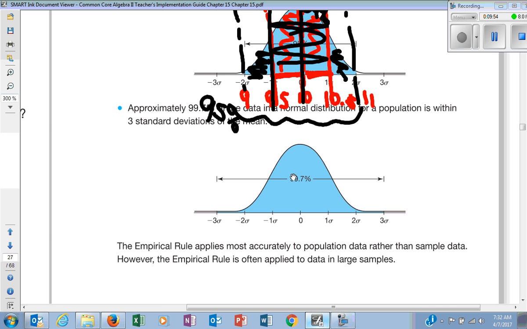How much will those crazy, way, way far outliers account for? 0.3%. We're talking very few that are really crazy outliers. 99.7% of my data should fall within 3 standard deviations of the mean.